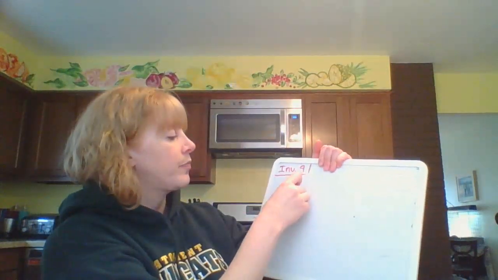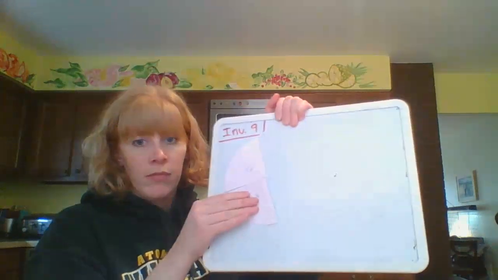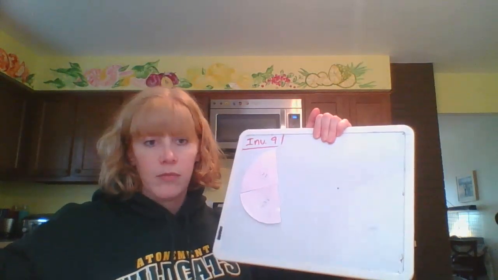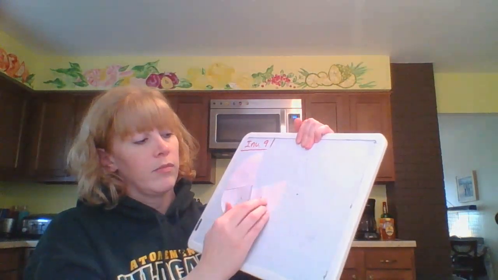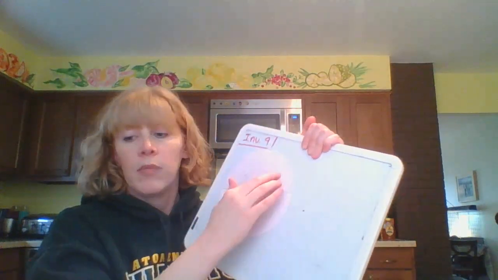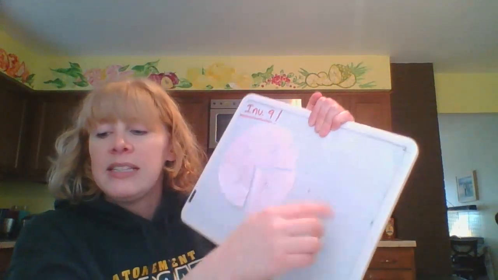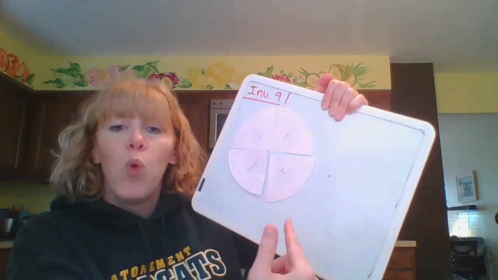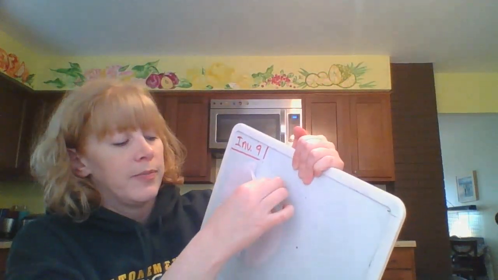So number 37 says start with four 1/4 pieces. So I'm going to get my four 1/4s up here. All right, then it says take away one of the 1/4 pieces.